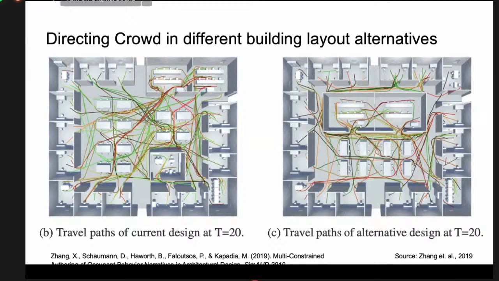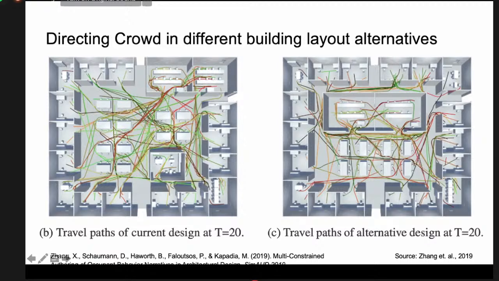They tested two different layout alternatives. The first layout here is an open space layout, and the other one has some rooms, like meeting rooms or classrooms, inside of that open office.